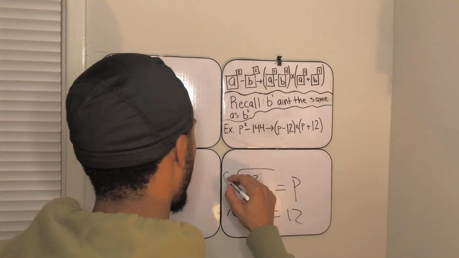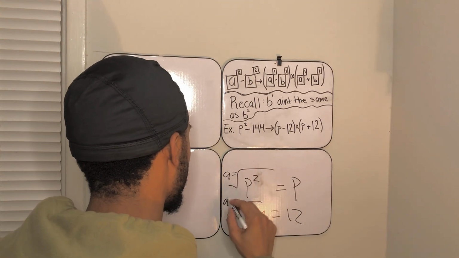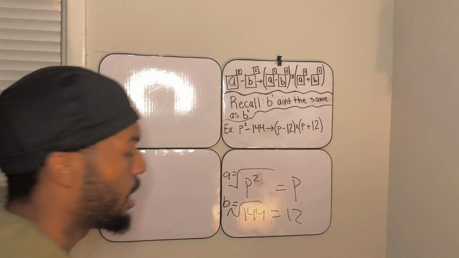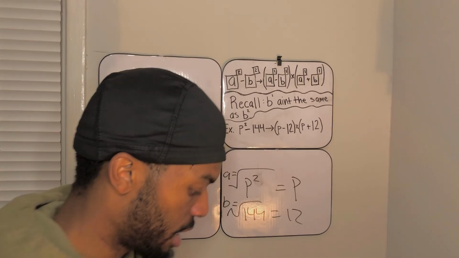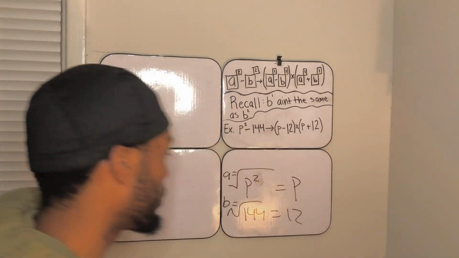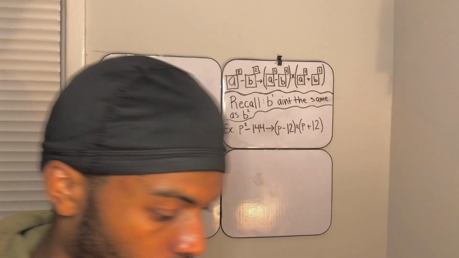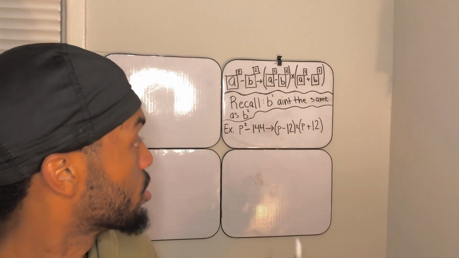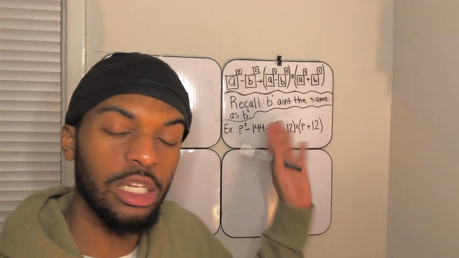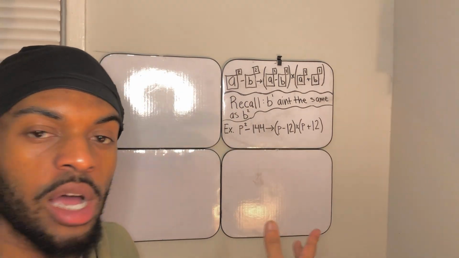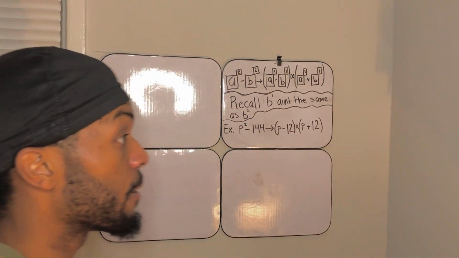So p is our A, and 12 is our B. I just wanted to put an example up there. We're about to start the examples, but if you get confused, look at this board. I'm going to be working off of these two.